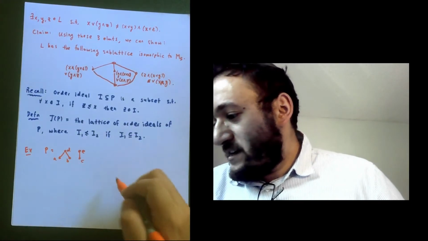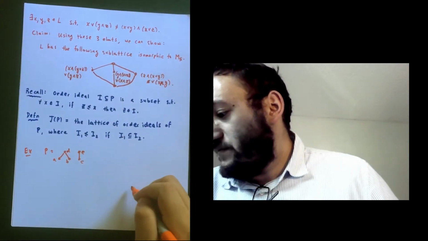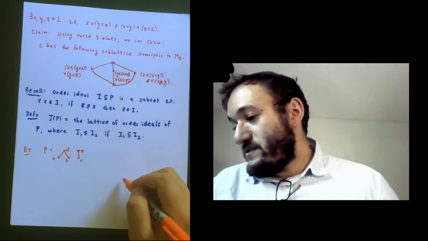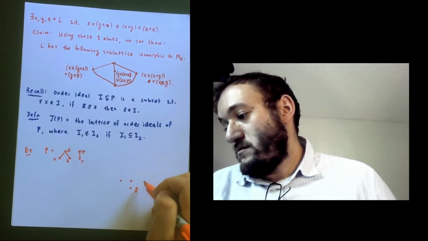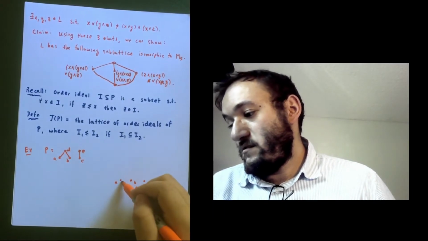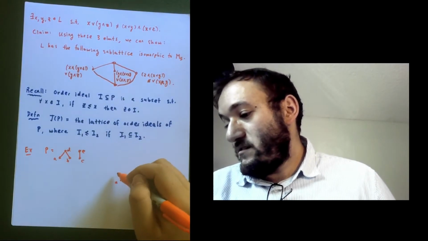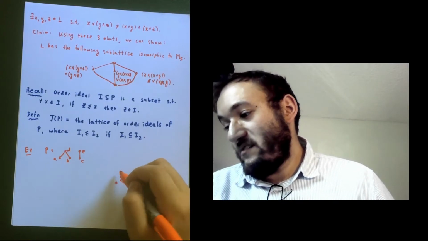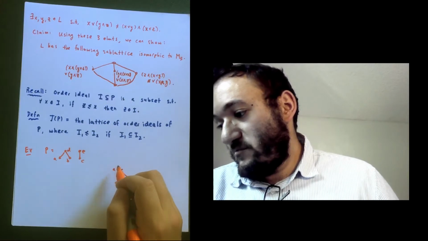So we could take any of A, B, and C on their own. First of all, we can take the empty order ideal. Okay, so this is our 0, the empty order ideal. We could also take any of A, B, and C on their own. We could also take A and B together because those two elements are minimal.